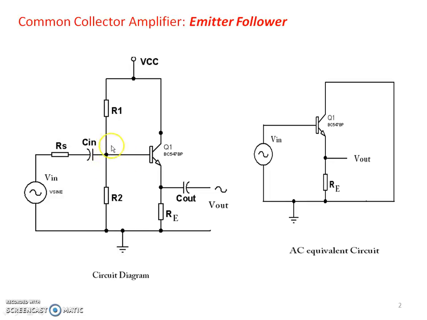Whatever input is available between the base and ground is available across the RE, but now the signal is being transferred from low current to high current, because this voltage is made available across the RE and the current flowing through this RE is equal to IE. Naturally the signal is being transferred from the low current area to the high current area. This signal can then be used to drive the output load, which can be connected between these two terminals.